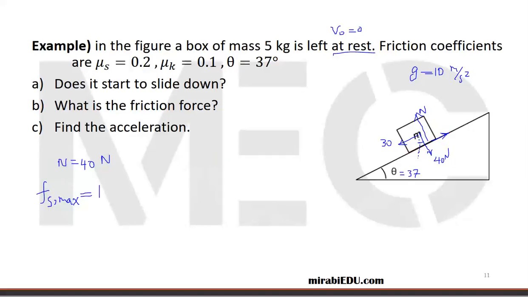It is mu s times N. Mu s is 0.2, N is 40, so it will be 8 Newton. So 8 Newton cannot hold the 30 Newton, of course. Therefore, because 30 is greater than 8, the box starts to slide down.